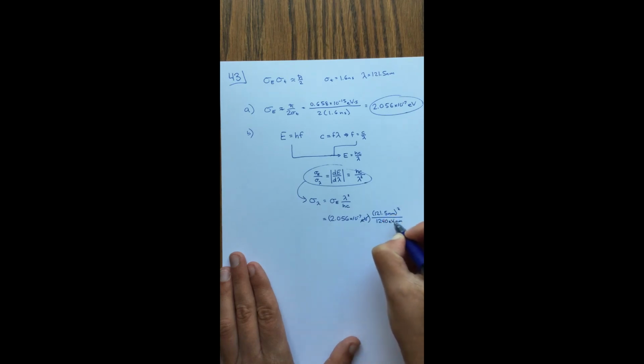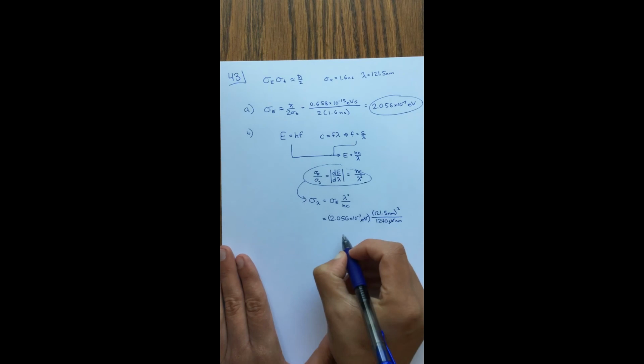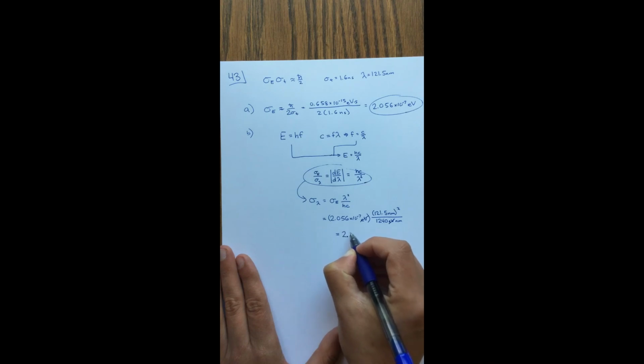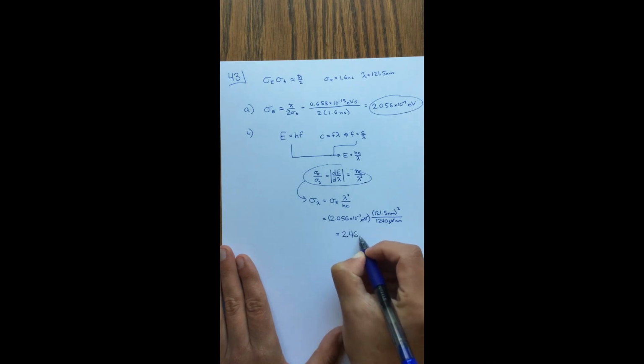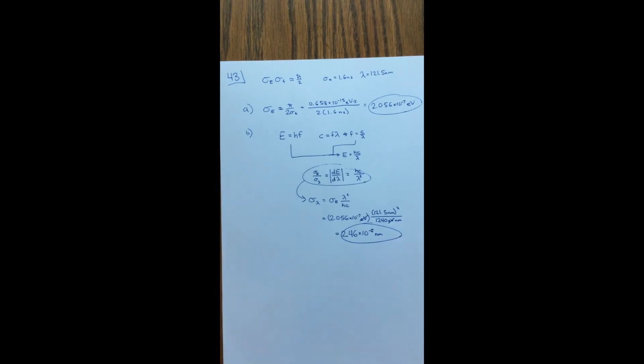I have electron volts here canceling with electron volts in the denominator, and I have nanometer squared divided by nanometer, so that's going to give me the answer in nanometers, and this is 2.46 times 10 to the negative 6th nanometers. And there's our answer for part B.